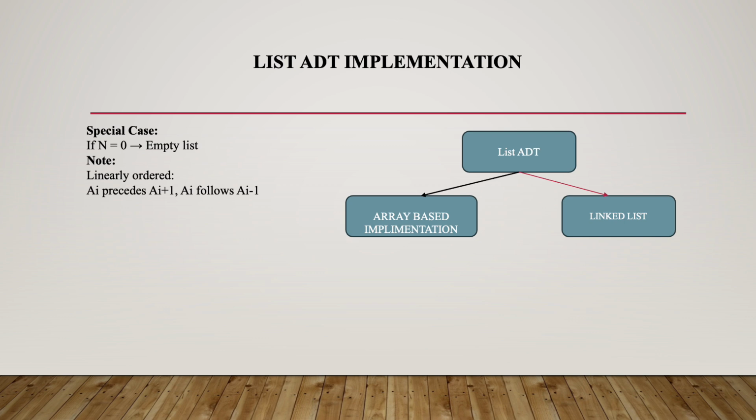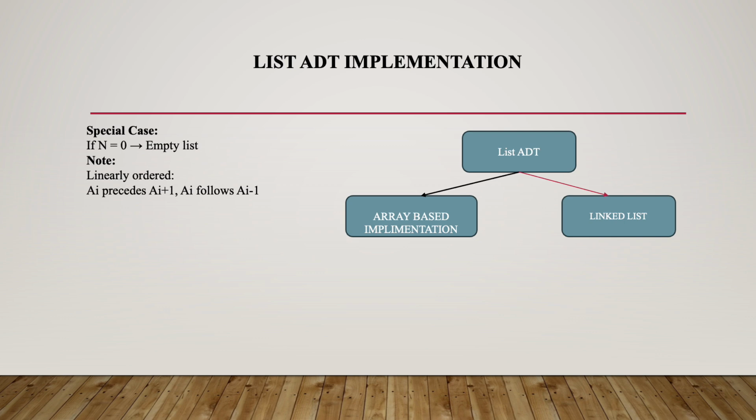So basically there are two ways to do this. The first way is by using a linked list, where each element contains a value and also a pointer that is connected to the next element in the list. This way the elements are linked together like a chain.